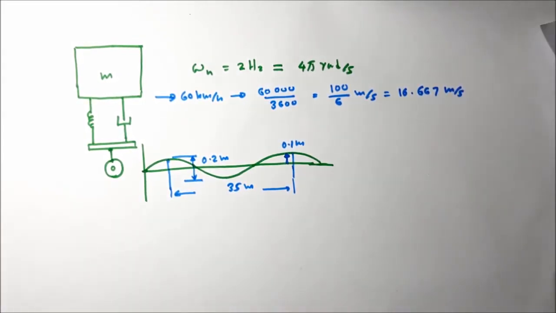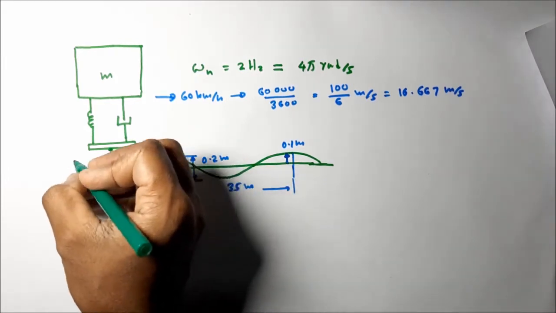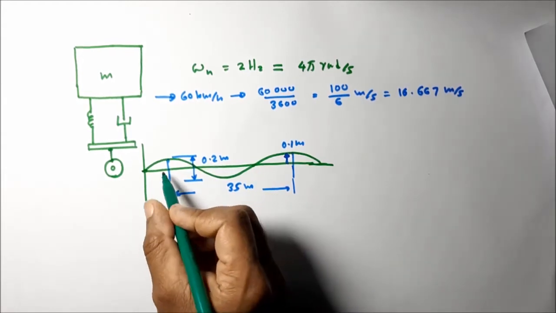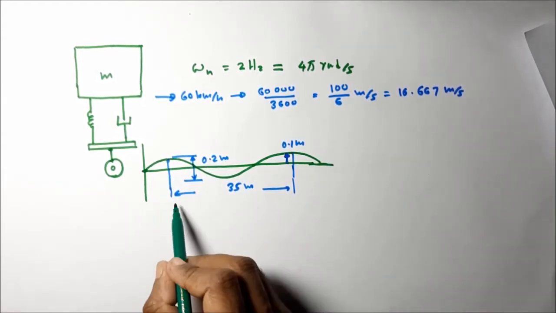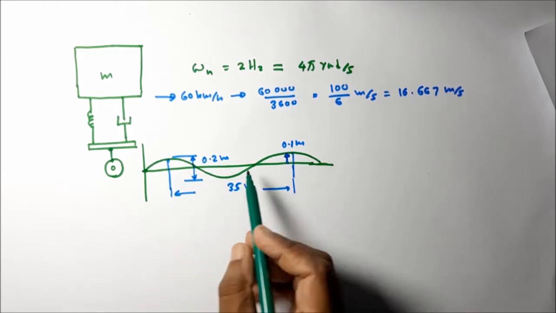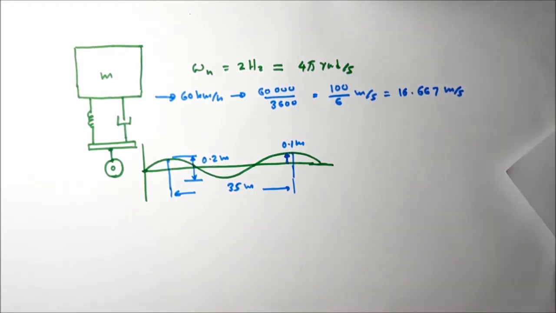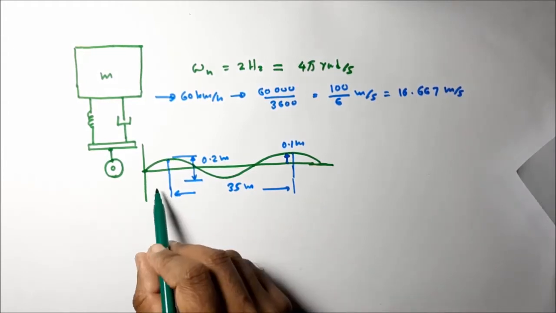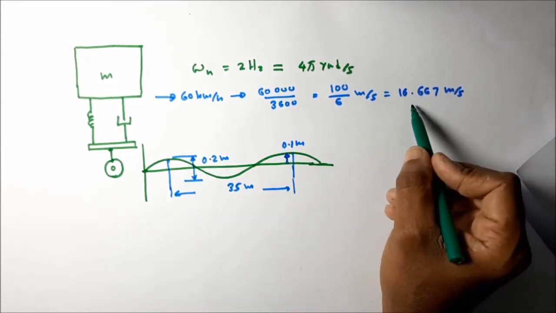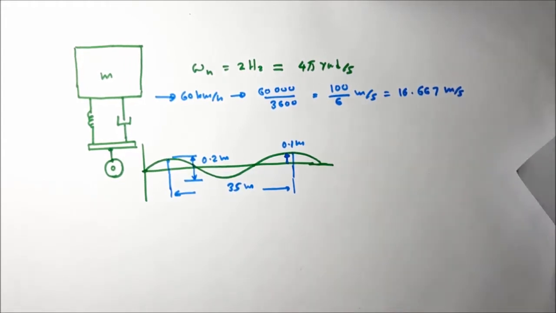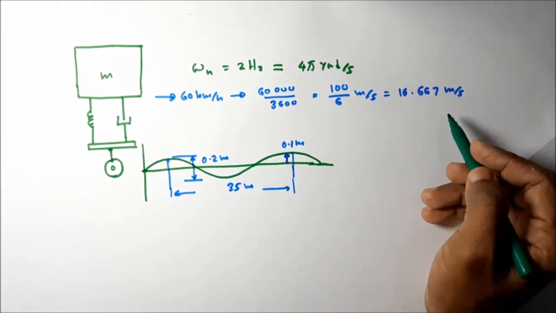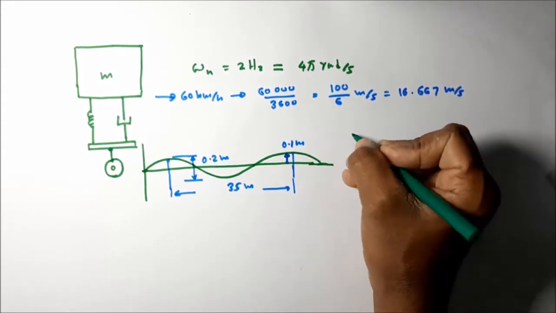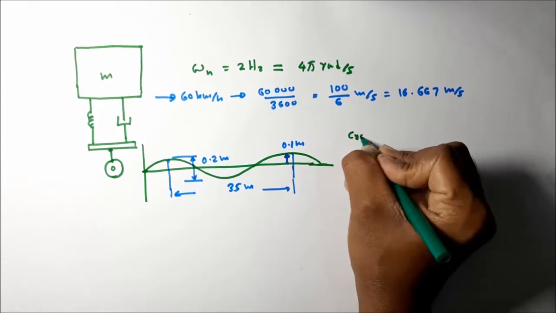So first of all I am going to find omega f, the forcing function frequency, that means the base excitation frequency. How to find it? The wavelength lambda of the sinusoidal road, peak to peak, is equal to 35 meters. When the car is moving at 16.667 meters per second, it is convenient to calculate first in cycles per second.